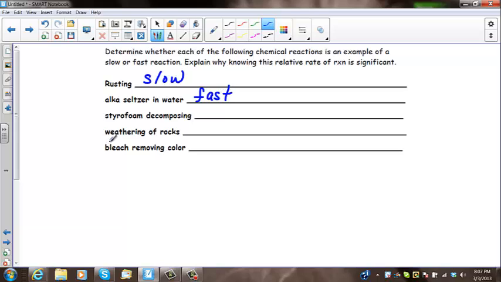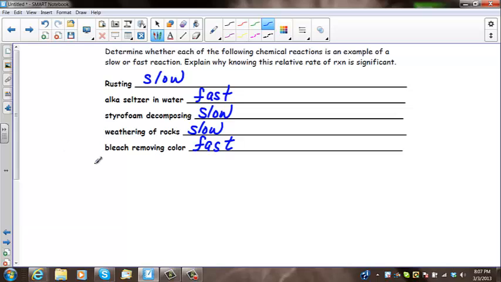Styrofoam decomposing. Now when we talk about styrofoam decomposing, we're not talking about styrofoam and acetone. We're just talking about styrofoam in nature, and that would be slow. Weathering of rocks, that's slow. And bleach removing color, well, that goes pretty fast.